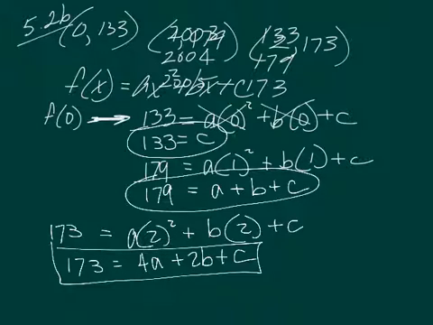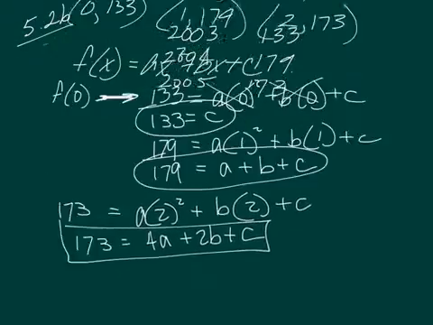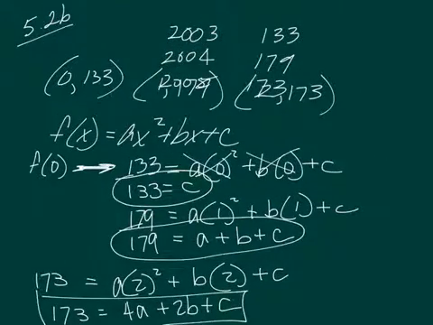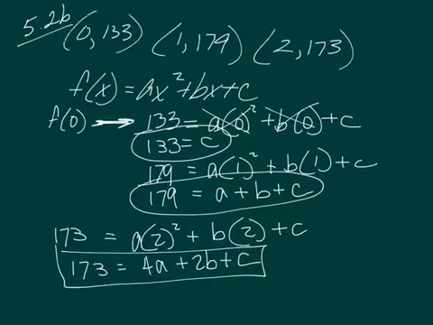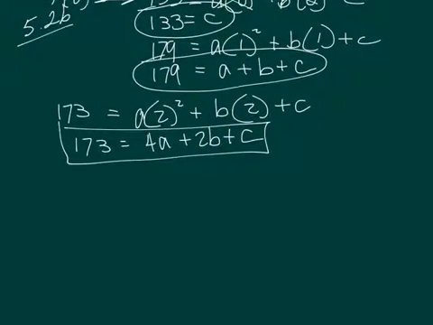And I can go ahead and see if I can solve. So what I do to solve this is I write down all 3 of these equations. In fact, let's get rid of this so it's not in my way. There are my 3 equations there. I've got c equals 133.